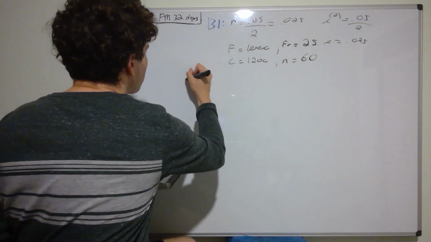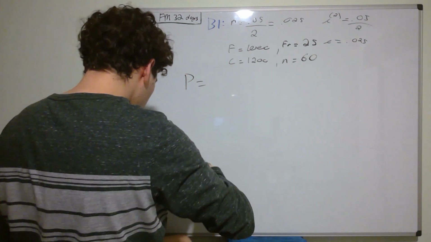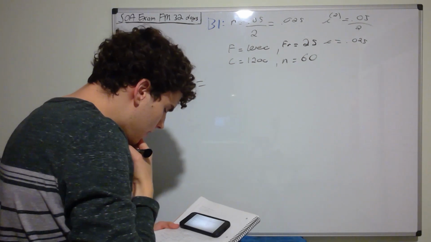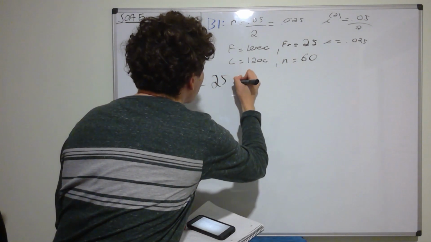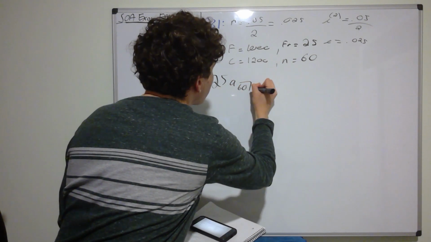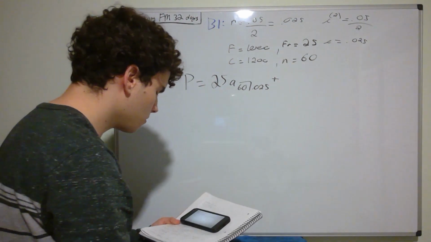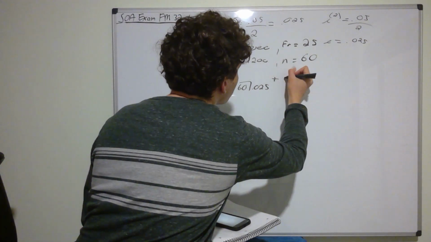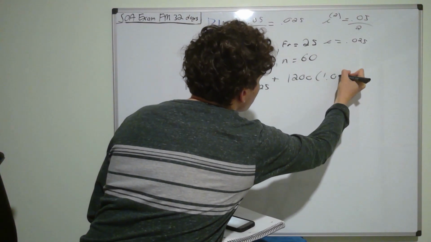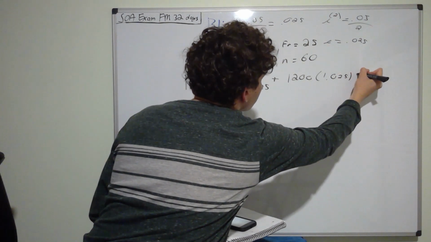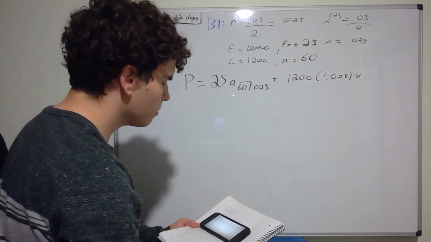So we can write this equation. Price is equal to the coupon of 25 times a angle 60 at 0.025, plus the 1,200 times 1.025 to the negative 60, or V to the 60.